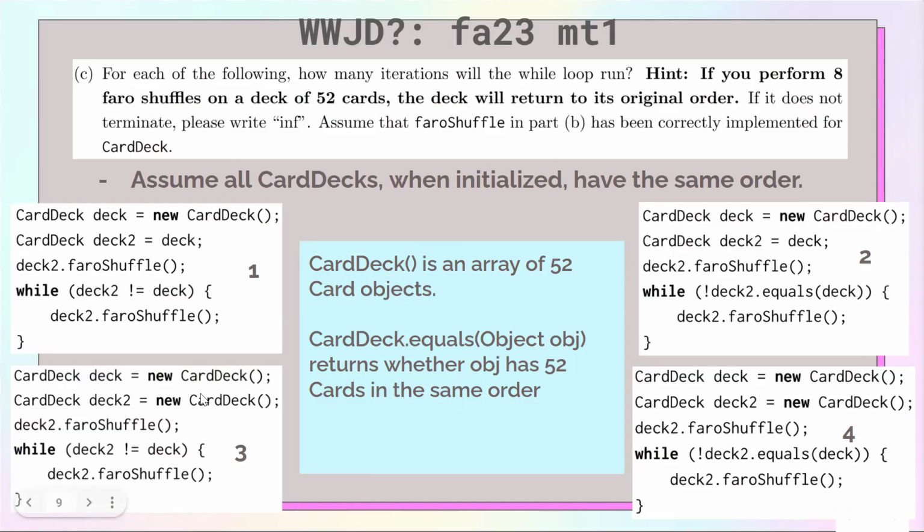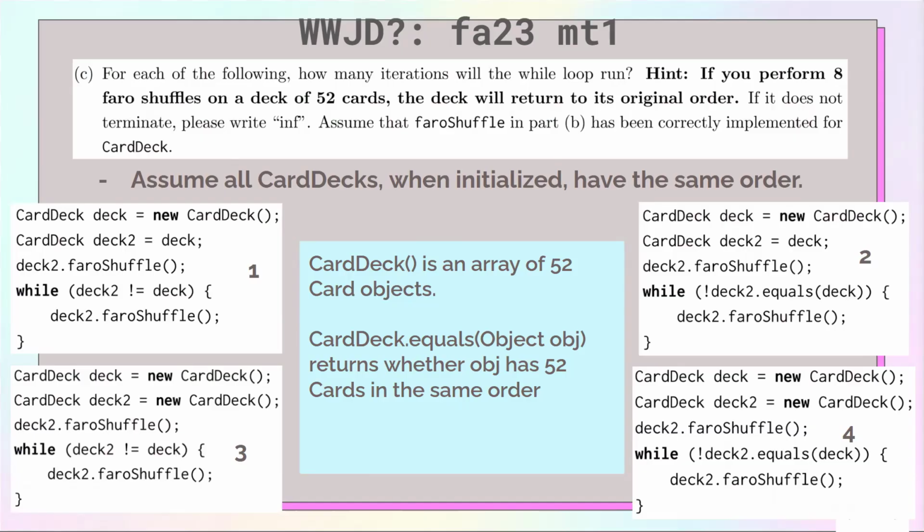What we do inside the loop is always just calling this method on deck two. So we're never assigning deck to deck two or deck two to deck, and we're never going to make them point at the same object. So we never end this loop, and this will end up in an infinite loop.